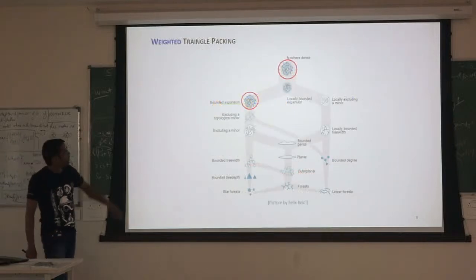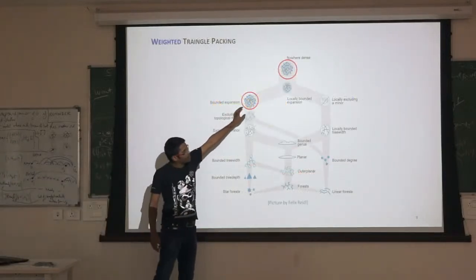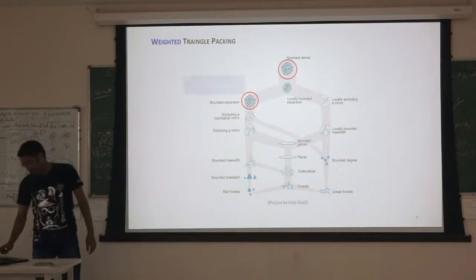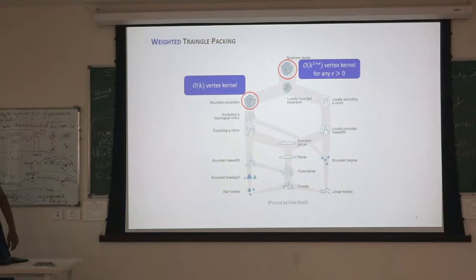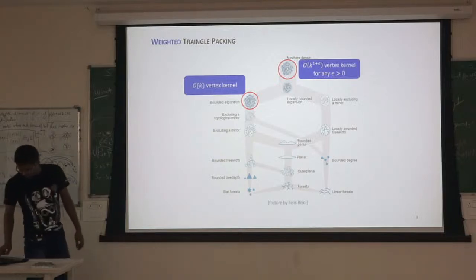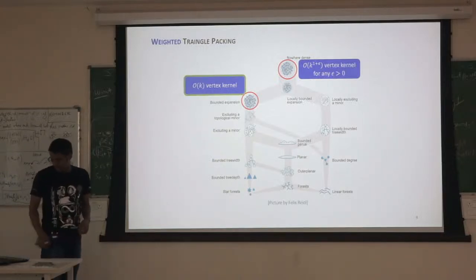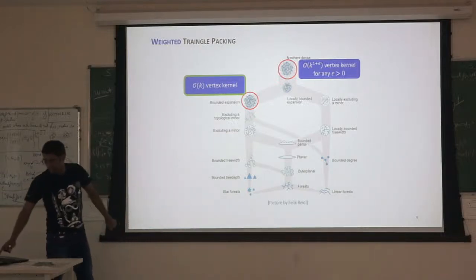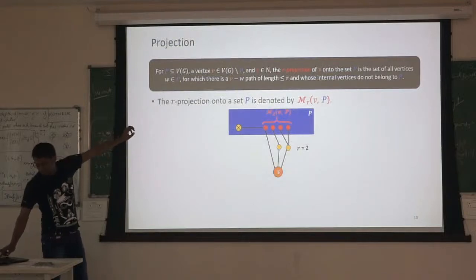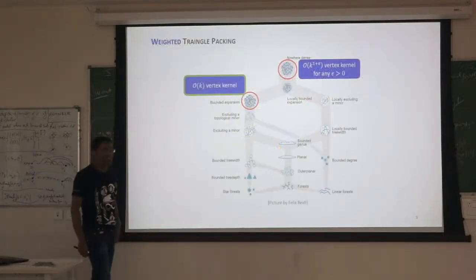So not only did we see that there is a linear vertex kernel on bounded-genus graphs, but there is also an almost linear vertex kernel on bounded-expansion graphs. Okay? Let's see how we get there. So we will focus on how to get an order k vertex kernel. Let me tell you something before passing to the next slide, which is more fun.